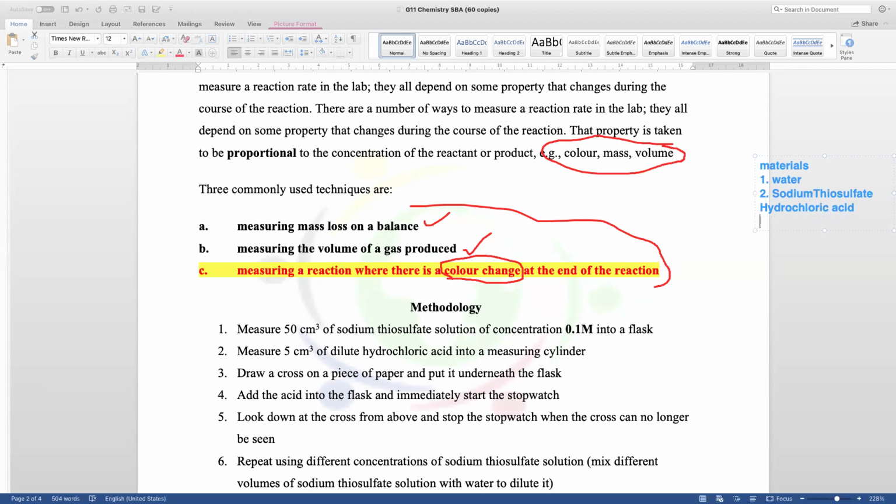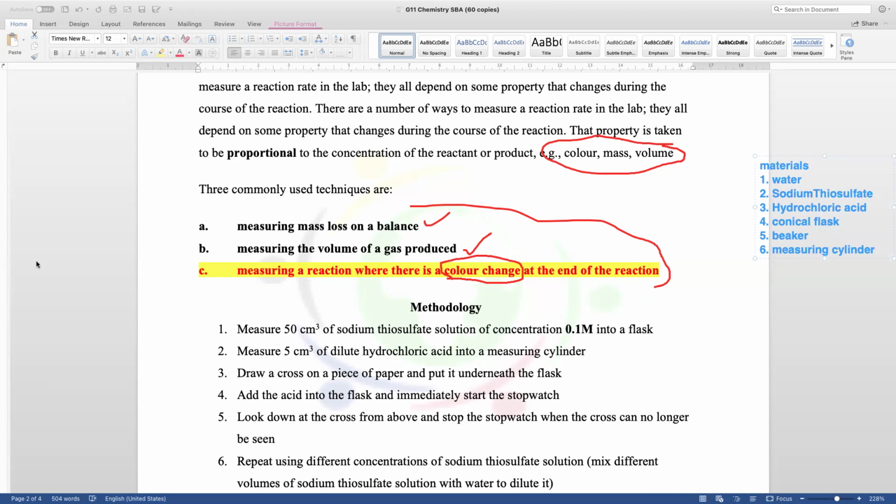You need a plain white paper where you're going to draw a cross. Four, you need a conical flask. Five, you need at least 2 beakers. Six, measuring cylinders. Yeah, these are the things that you need.